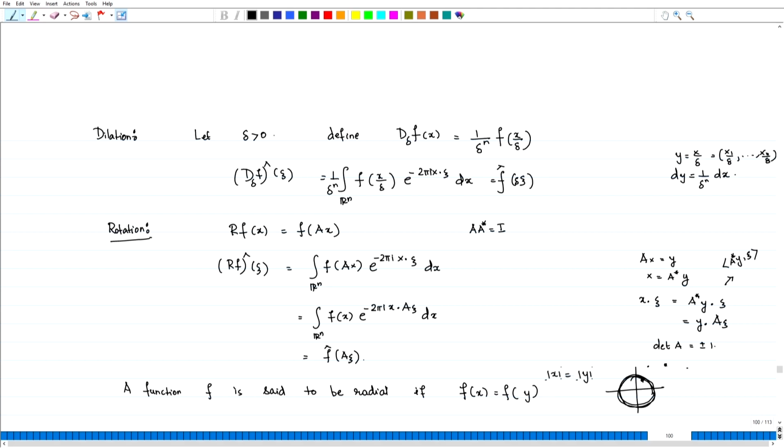Now, from this previous calculation, one can easily see that if f is radial, then f hat is also radial.